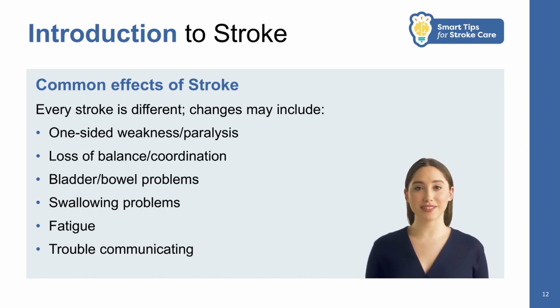Every stroke is different. Depending on what part of the brain is damaged by the stroke, the person may experience physical, cognitive, perceptual, and emotional changes, which may include one-sided weakness or paralysis, loss of balance or coordination, bladder and/or bowel problems, difficulties with swallowing, fatigue, and trouble communicating.